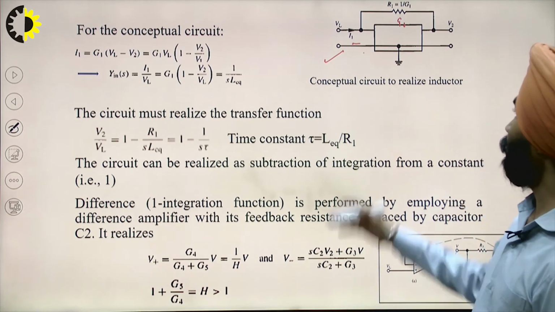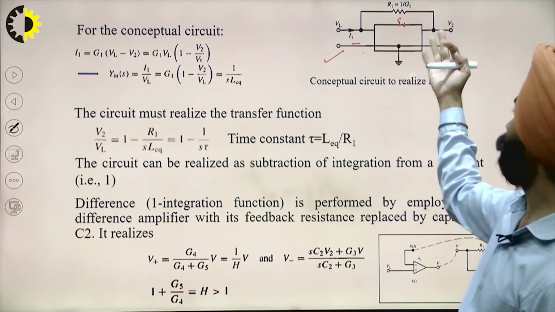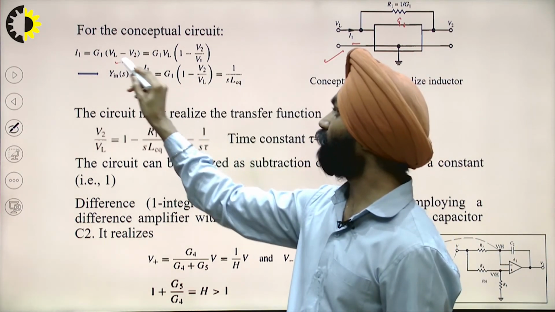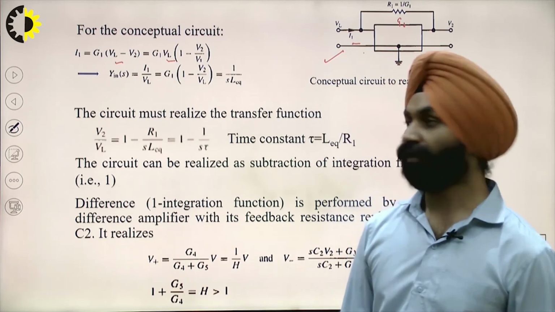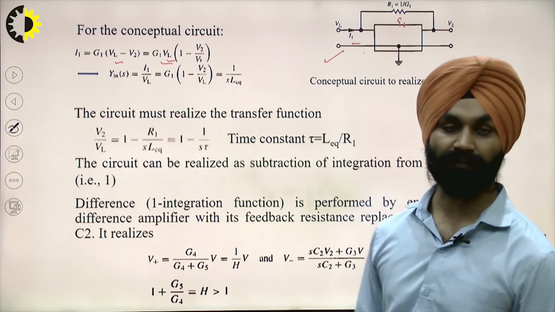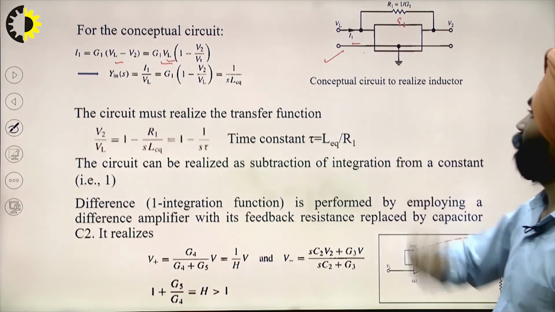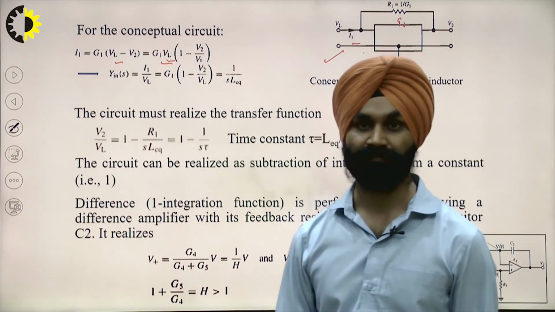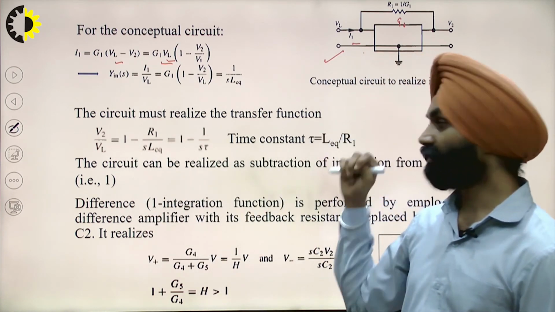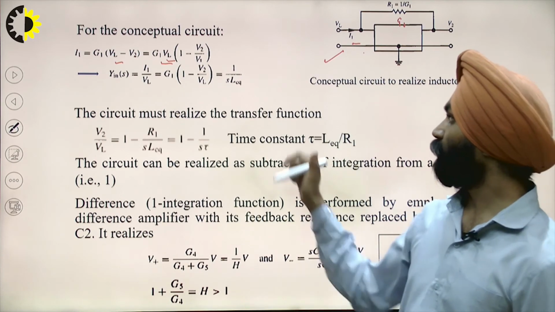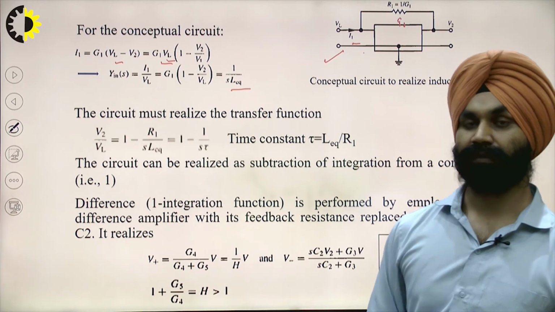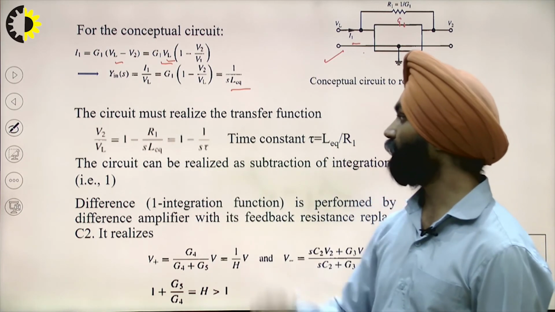We can also take this for the other circuit. If we take the V_L out of this, it will be G_A1 into V_L into 1 minus V2 by V1. So the circuit must realize this transfer function to make Z_L. So we need to take the transfer function V2 by V1.